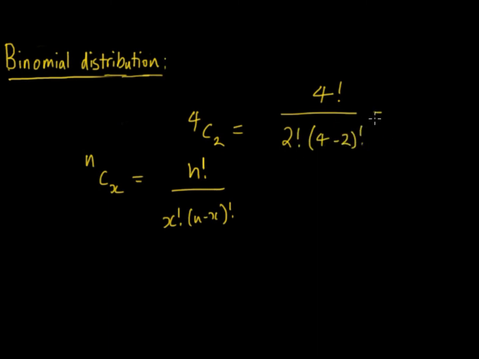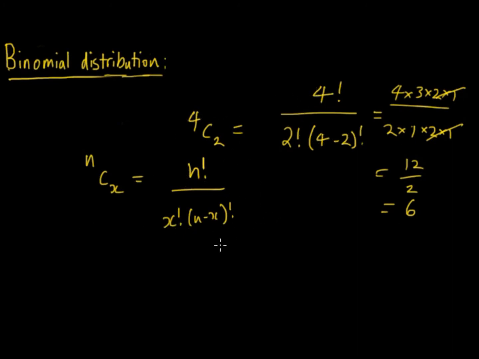This is equal to 4 times 3 times 2 times 1 over 2 times 1 times 2 times 1. Cancel these out and we get 12 over 2, so it equals 6. An easy way to remember this as well is that whatever this number is plus this number must equal this. And that's how you worked out the difference.